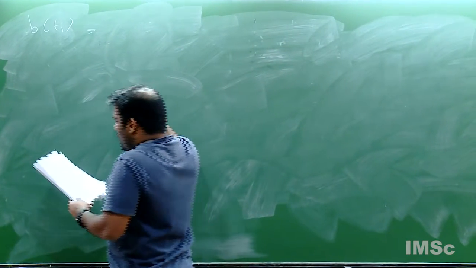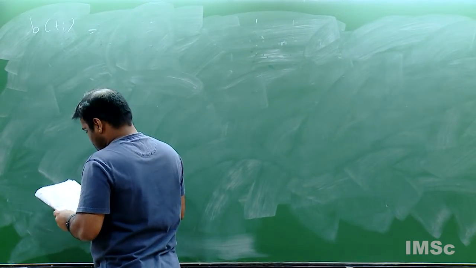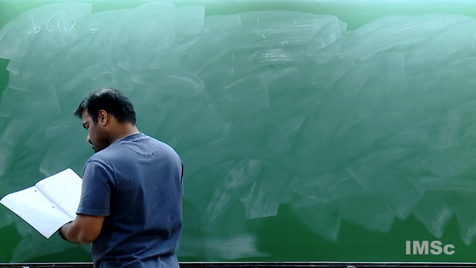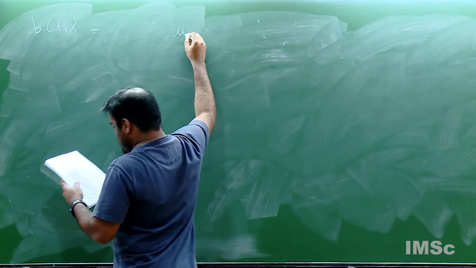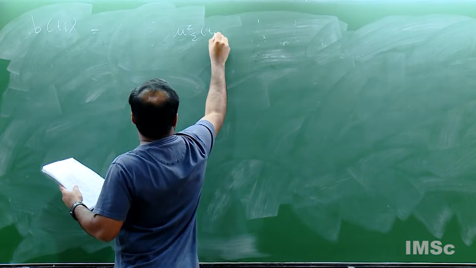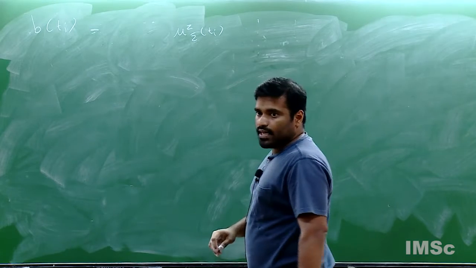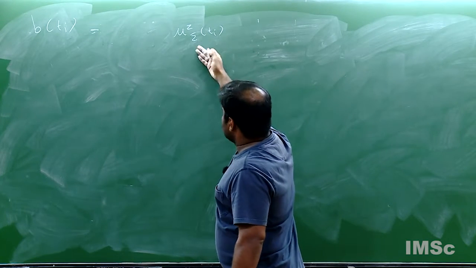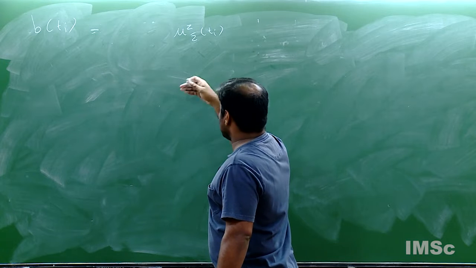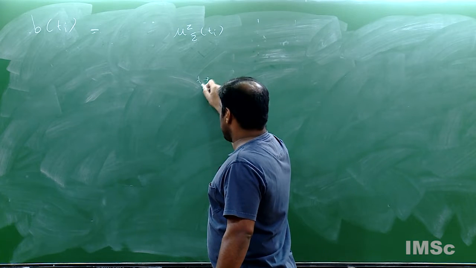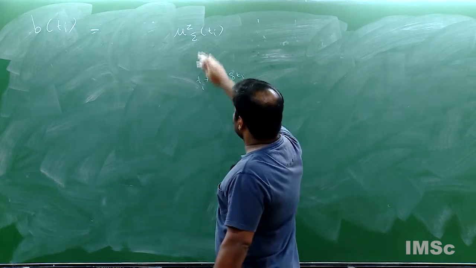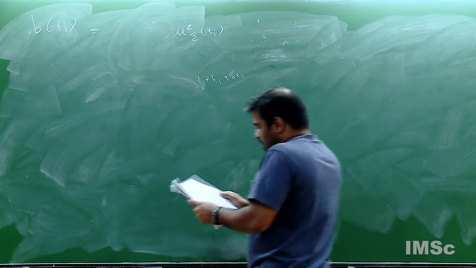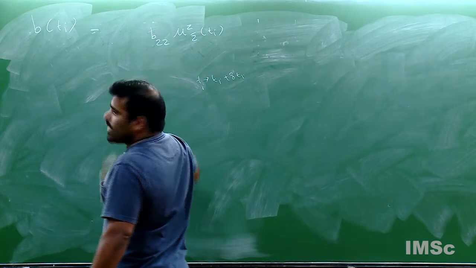So how can I define this? I start with the Beltrami differential mu c bar. Let's say that's associated with the parameter t_i, or basically mu c bar is the one which changes the moduli parameter from t_i to t_i plus delta t_i. So take this Beltrami differential, multiply it with the b_cc component.